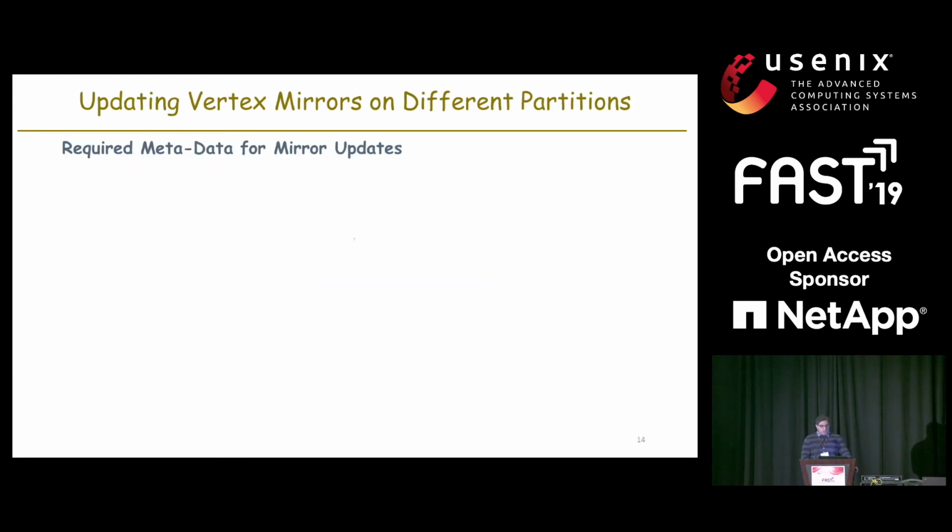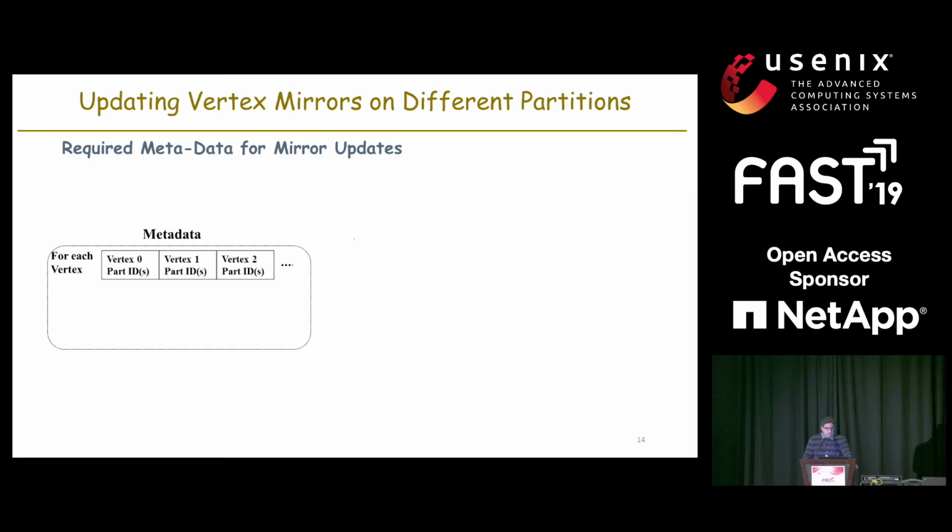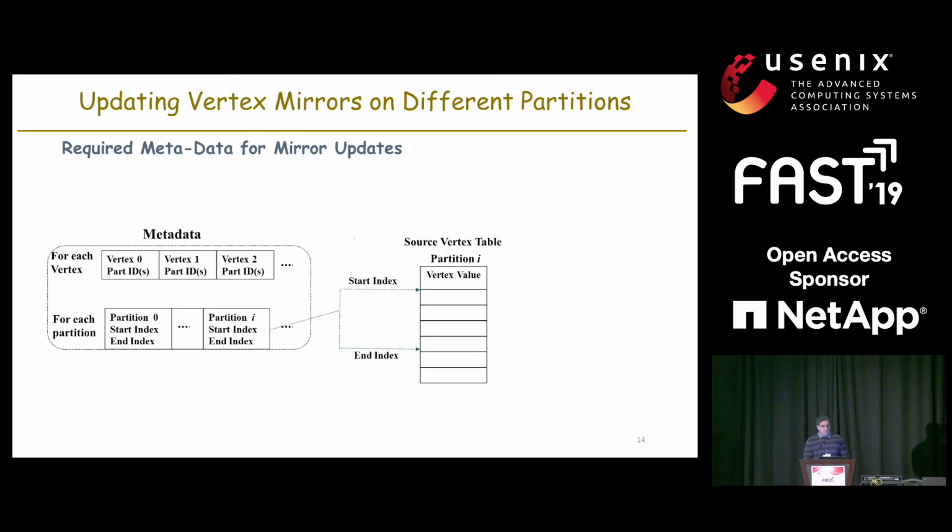And also to update the mirrors, as I explained before, we need to read the required metadata from SSD. This metadata is first, for each vertex, we keep the IDs of the partitions where its mirrors belong, and also for each partition, we keep the index of its mirrors on other partitions, because we've already kept them in sorted fashion.